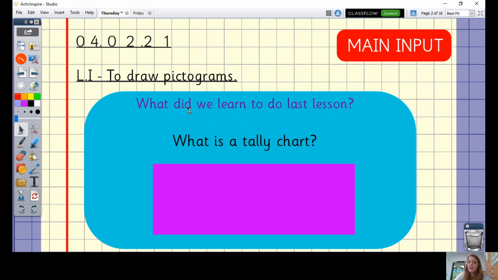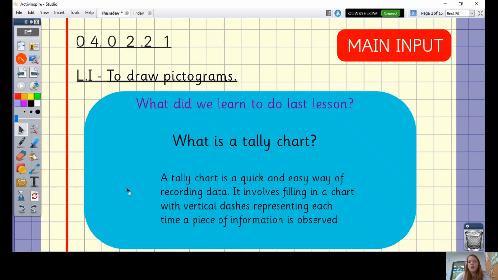Okay, so last lesson we were looking at tally charts. We started our new unit on statistics and we learned how to draw tally charts. Okay, and what a tally chart is all about. So a tally chart is a quick and easy way of recording data, of recording information.